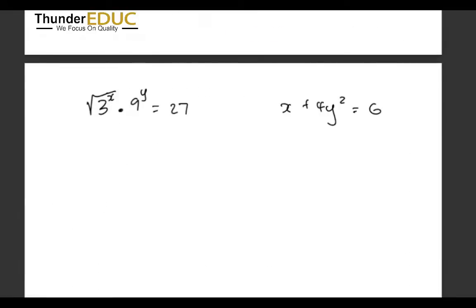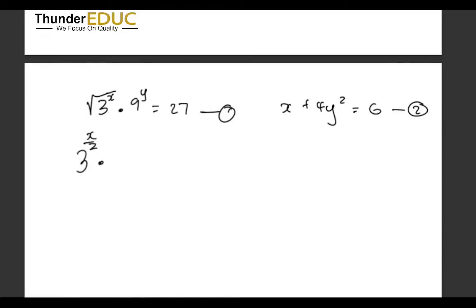All right, between the two, we need to make something the subject. If this is our equation 1, and this is equation 2, let me change the root sign into an exponent. That's going to be 3 to the x over 2, or half x.